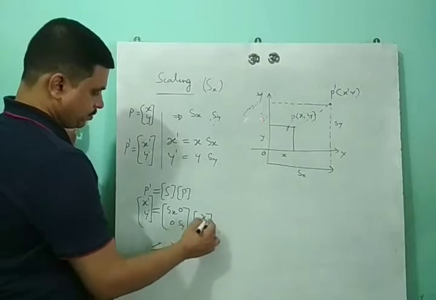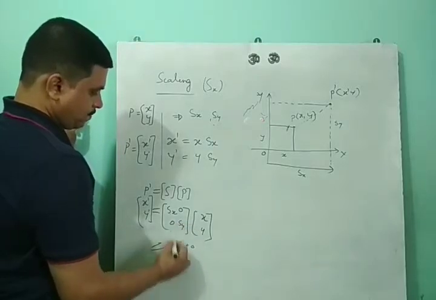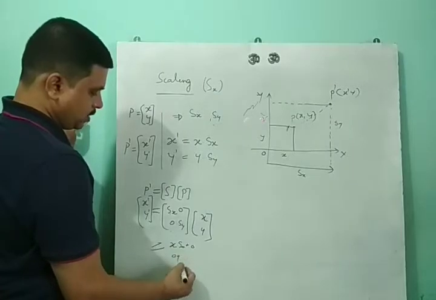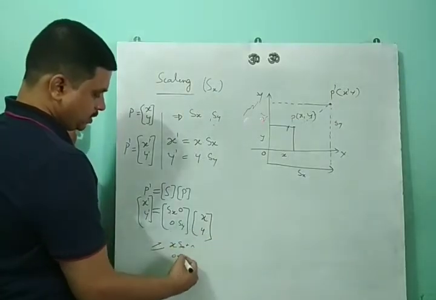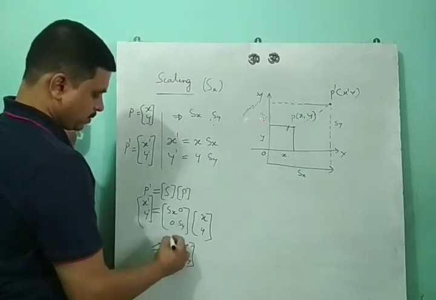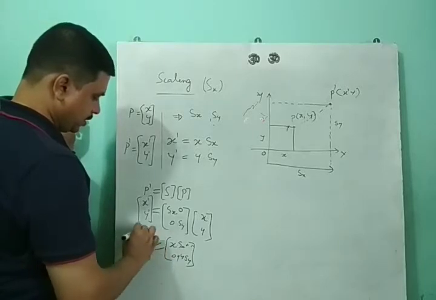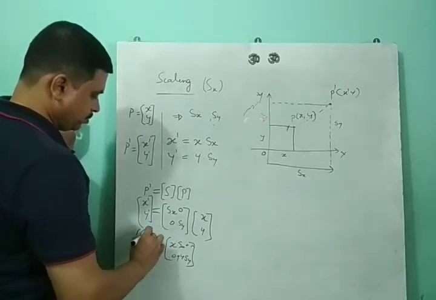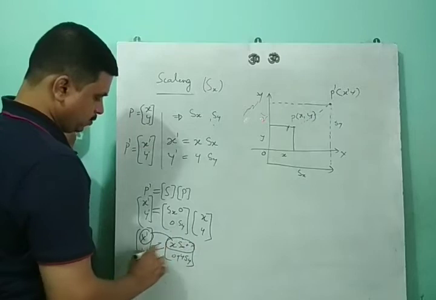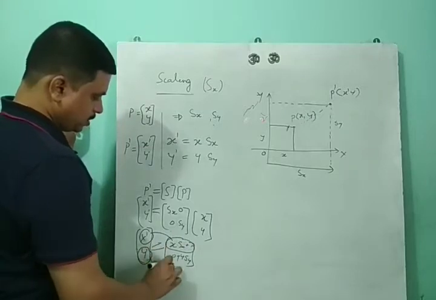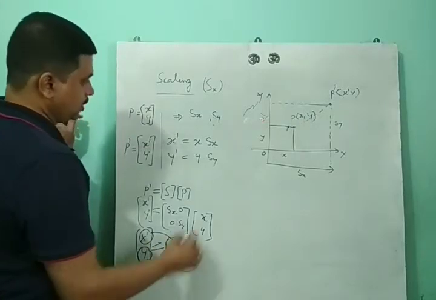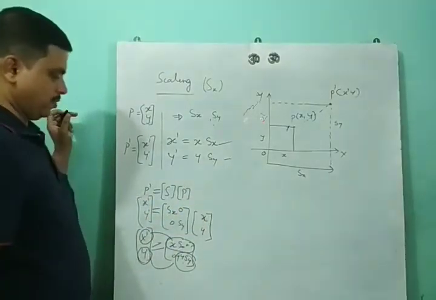Next, x into 0 is 0 plus y into Sy. So that is x dash y dash. So the x dash term corresponds to this value and y dash corresponds to this value. That is nothing but the equation form.